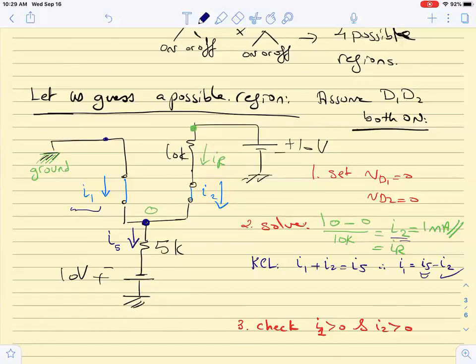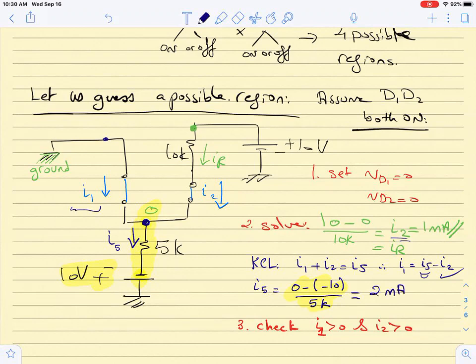Okay. So now, as your friend just said, to find I5 it is V over R, so it is 0 minus 10 over 5K. And this comes from this resistor, right? Here at this point I have minus 10 and here I have 0. So it is 0 minus 10 over 5K, and in this scenario this is equal to 2 milliamp if I calculate it, right?